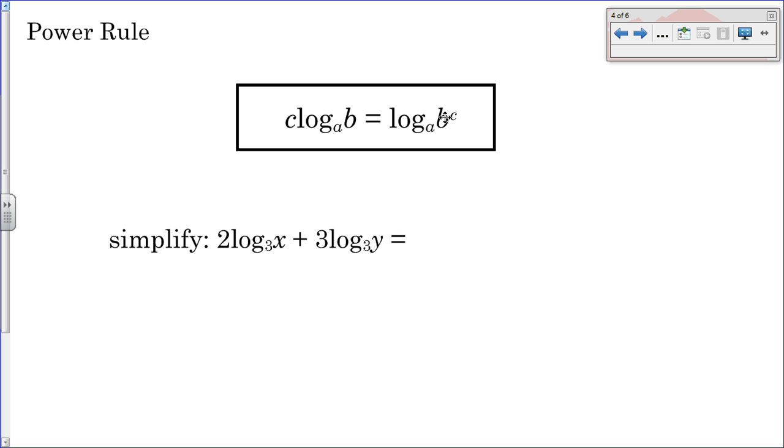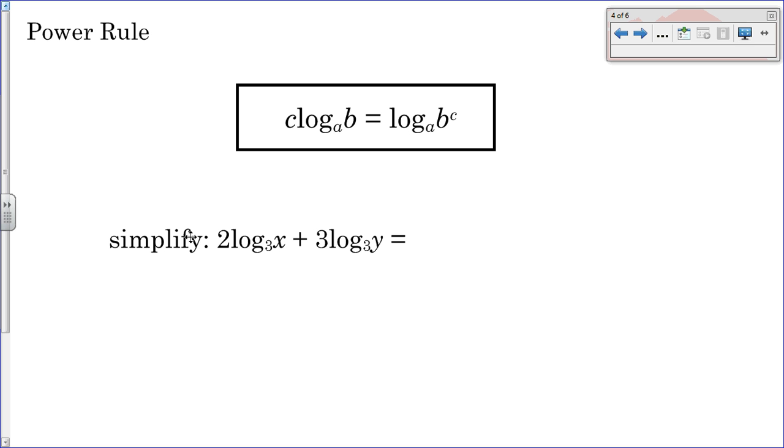Now this rule works both ways. You can use it to take your exponent and bring it up if you need to and get it out of the front. So then you could use the addition or the subtraction rule. Or you can use it to put your exponent down in the front if you need to for some reason, which a reason we'll go over later. So you can either pull it up or bring it down.